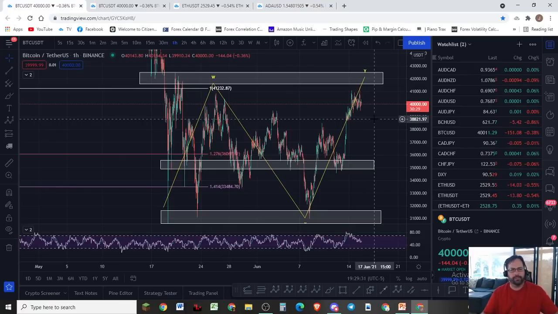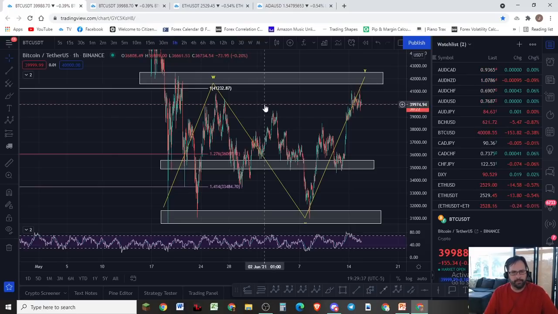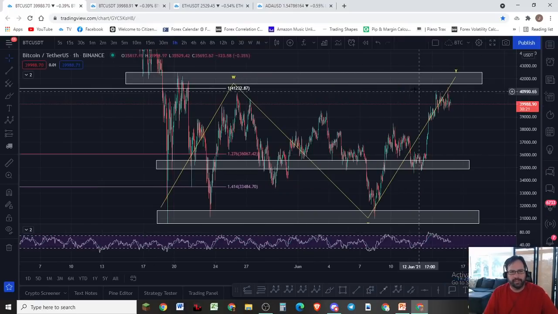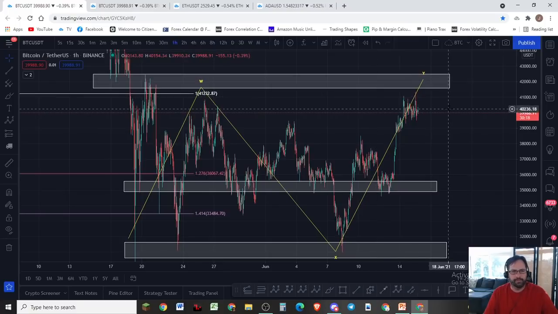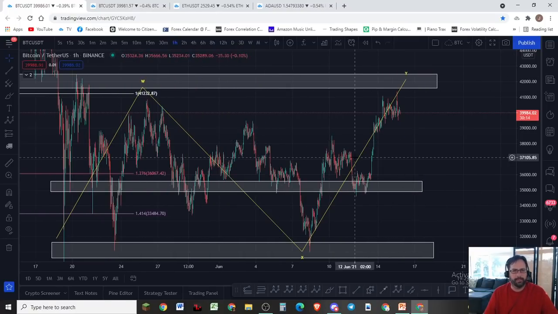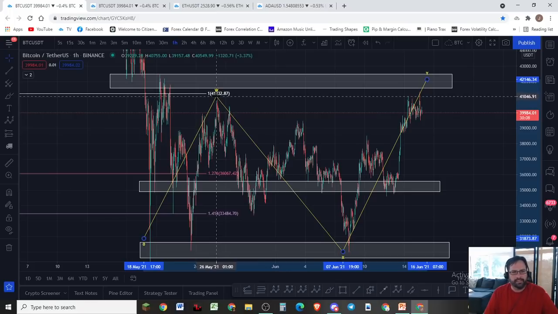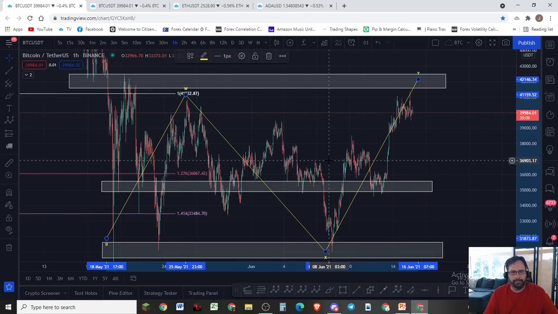We're going to start with my current idea. As far as I can tell, there's two main ideas on the table for now that we just need to discuss. Number one, this current correction, all this choppiness and sideways action, is a corrective wave. It's some kind of a WXY or an ABC, whatever you want to call it.